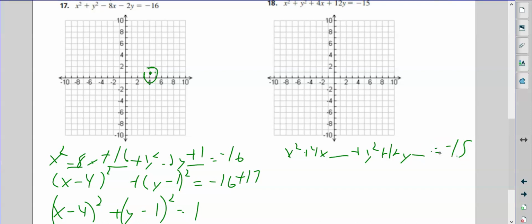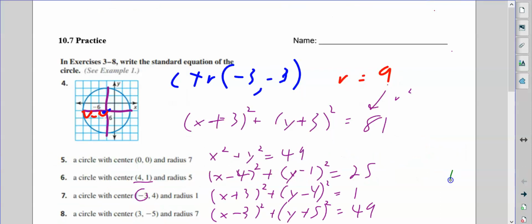All right, so I'm going to take half this number, x plus 2 squared, plus half of 12, y plus 6 squared, equals negative 15. Now, 2 squared means I'm going to put plus 4 here. 6 squared is plus 36, which means I'm adding 40 to the left side. So I'm going to add 40.